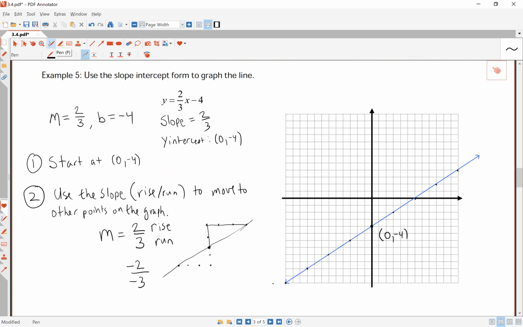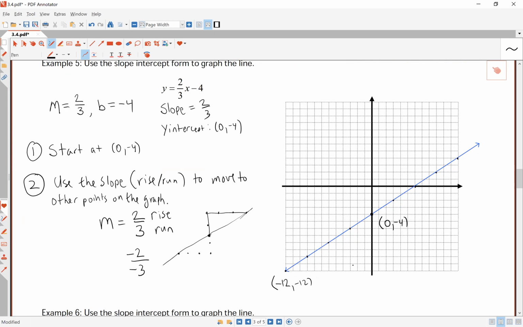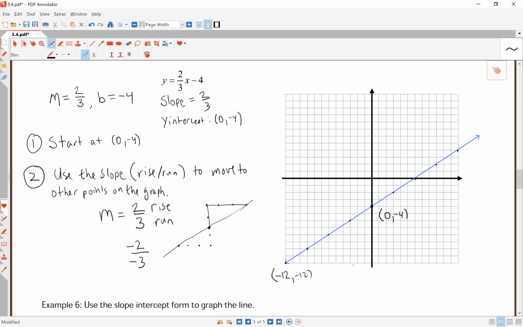It is always a good idea to take one of these points that we found by using the rise and the run and check it. So let's plug in x equal to -12.